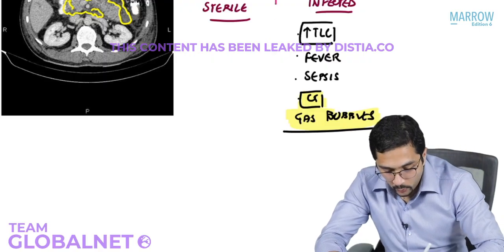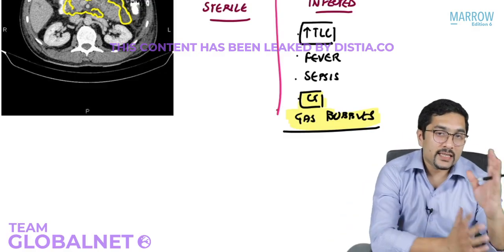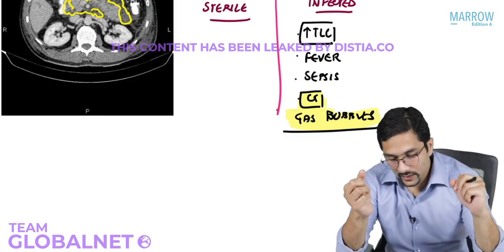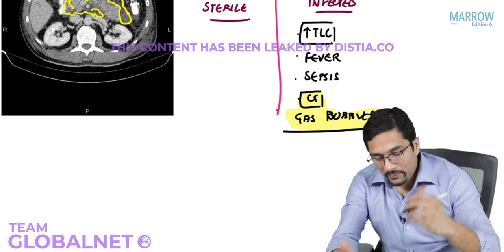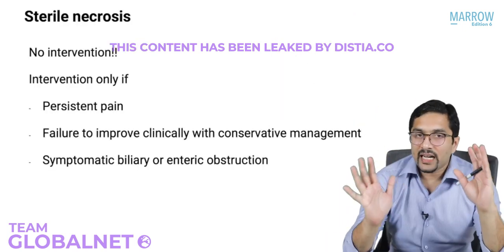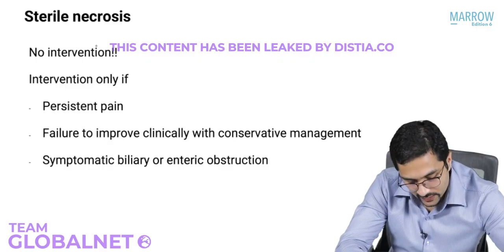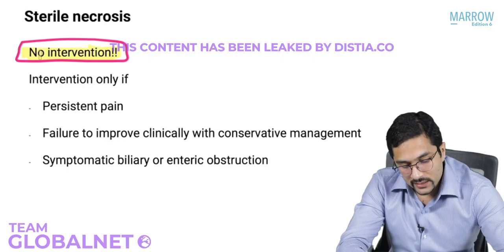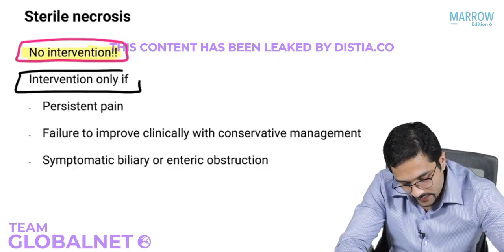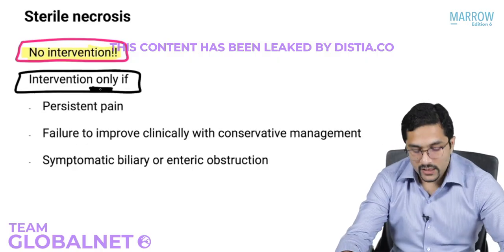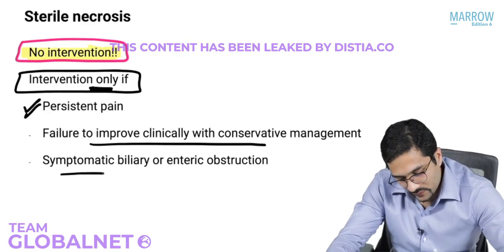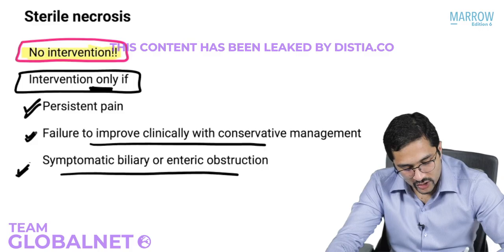So these are the subtle points which will tell us whether the patient has a sterile necrosis or infected pancreatic necrosis. Now, how do we manage pancreatic necrosis? If it is sterile necrosis, no active intervention, right? No intervention routinely. The only indications for intervention are persistent pain, failure to improve clinically, or if there is biliary or enteric obstruction.